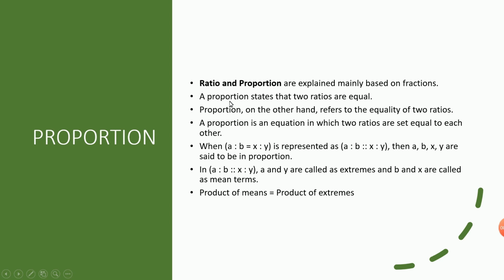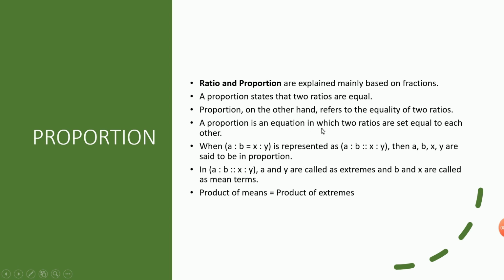Proportion states that two ratios are equal, that is, the equality of two ratios. Here we are taking two ratios and comparing them. A ratio contains two integers, whereas a proportion contains two ratios. So proportion, on the other hand, refers to the equality of ratios.